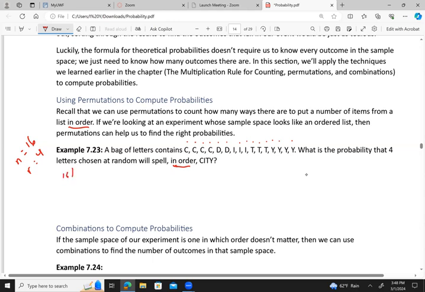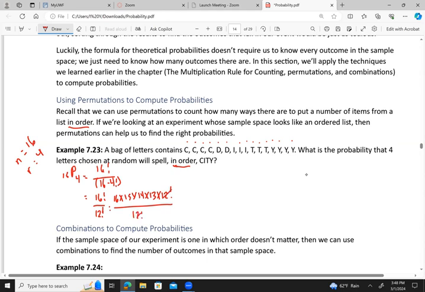So how many permutations do we have? Well, 16P4, which by our formula is 16 factorial over 16 minus 4 factorial, which gives us 16 factorial over 12 factorial, which gives us 16 times 15 times 14 times 13 times 12 factorial over 12 factorial.